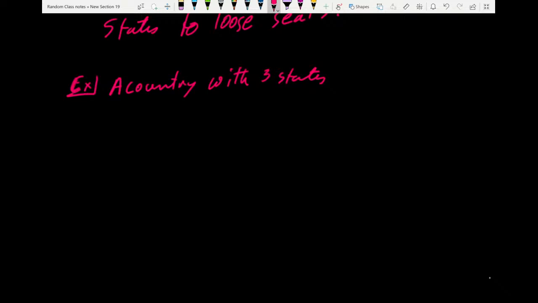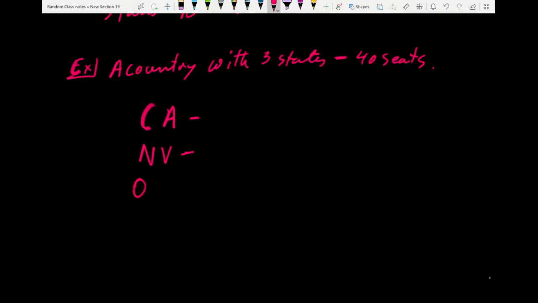So instead of 50 states, we look at 3 states, with 40 seats. Let's call the 3 states California, Nevada, and Oregon. What's Oregon? OR? That's what Oregon is?